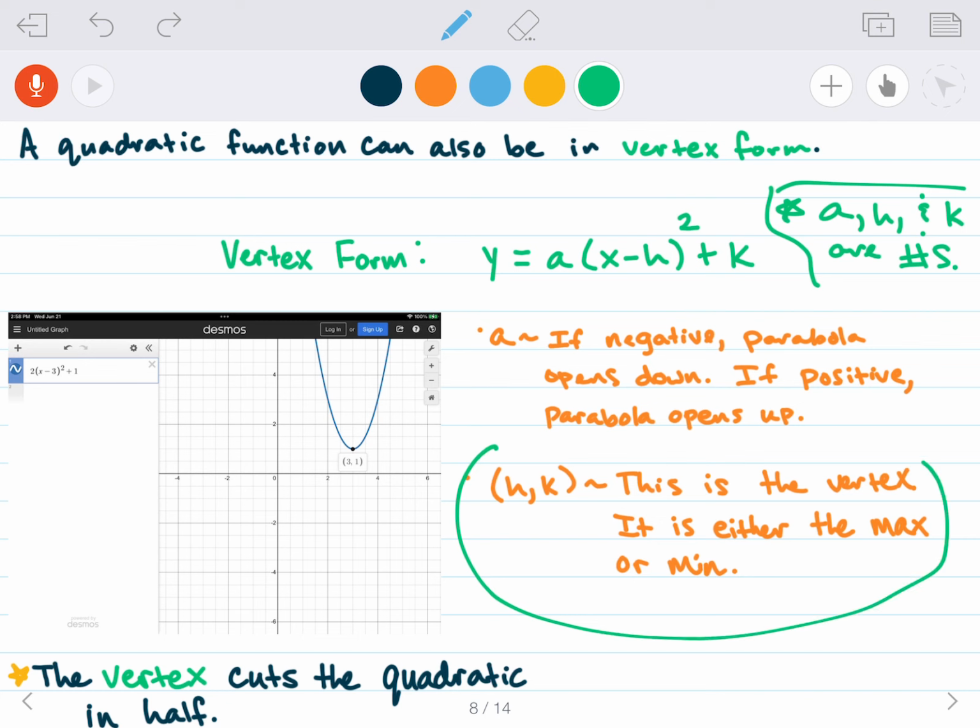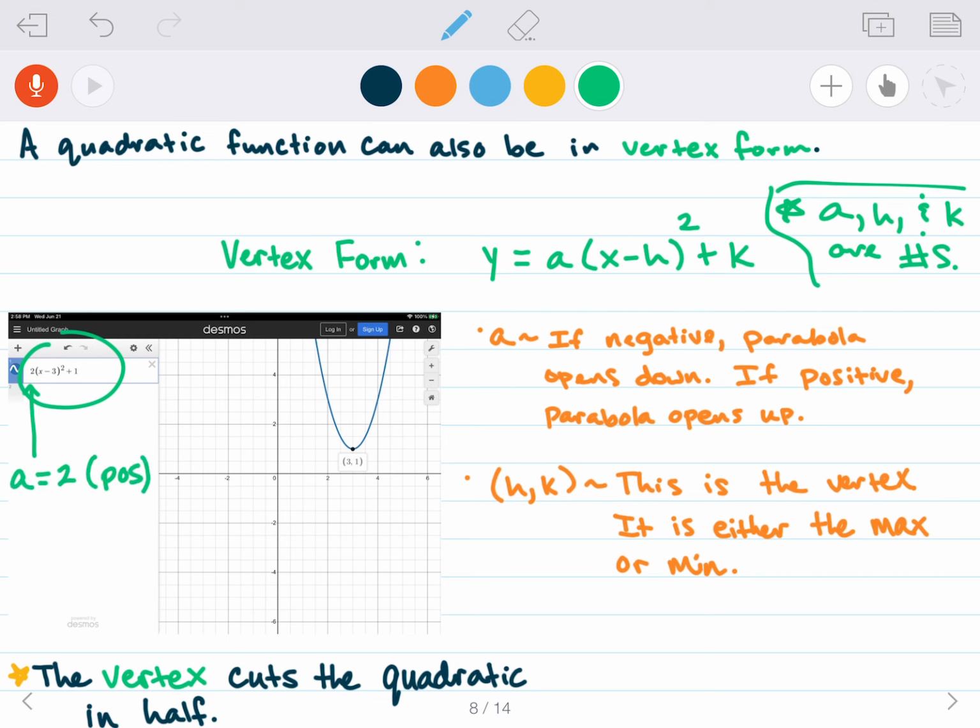Now, another cool thing that vertex form tells us is the vertex, or the actual max or minimum point. And that is going to be an ordered pair. It's going to be the h value, and it's going to be the k value, h comma k. So in our picture here, this is our equation. We can see that a equals 2, which is positive, hence it opens up, it's smiling.